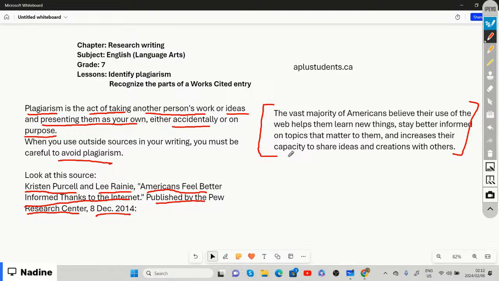Right? So that is basically a piece of what is written within the journal article that says Americans feel better informed thanks to the internet.